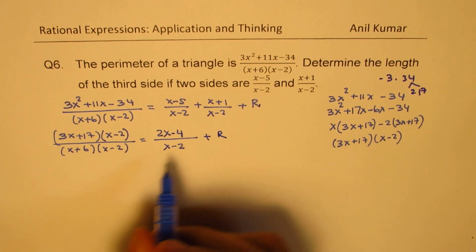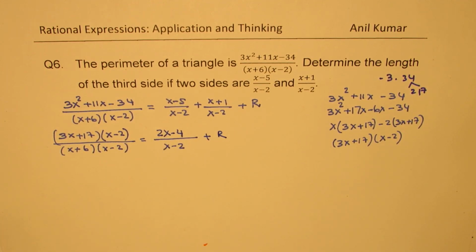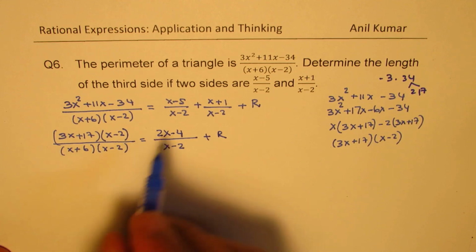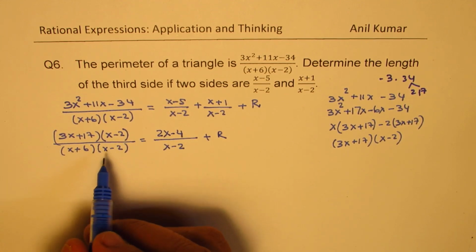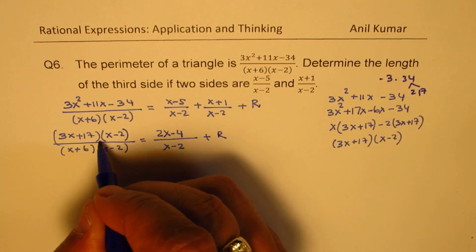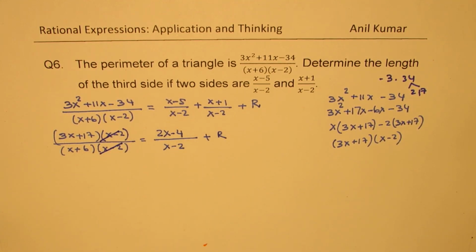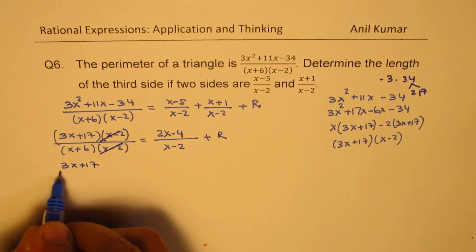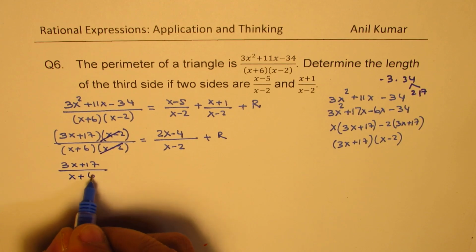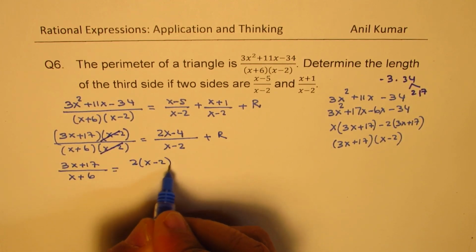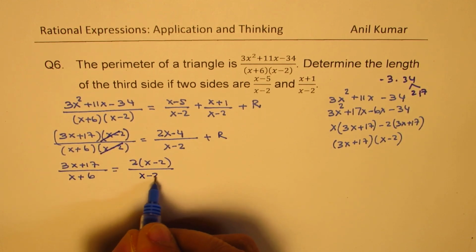2x minus 4 is also (x minus 2) times 2, right? So yes, we could simplify it further. We can cancel the x minus 2 and x minus 2 on the left side. So what we get here is (3x plus 17) over (x plus 6), and on the right side we have 2 common. x minus 2 is a factor here over x minus 2.